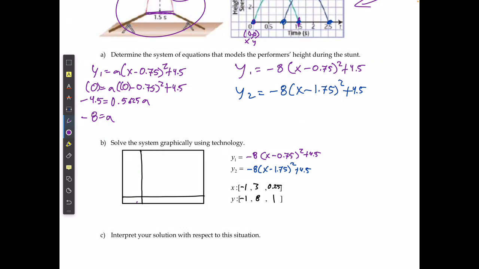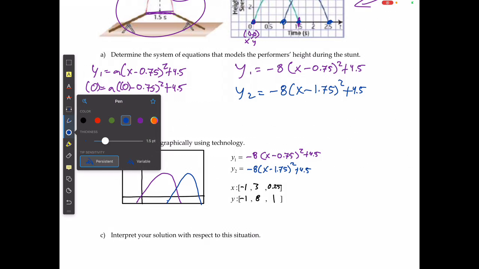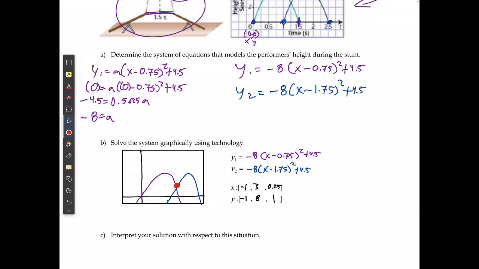And when I graph it out, I get something that looks similar to what I have up on the grid. And I get them crossing at 1.25 and 2.5.